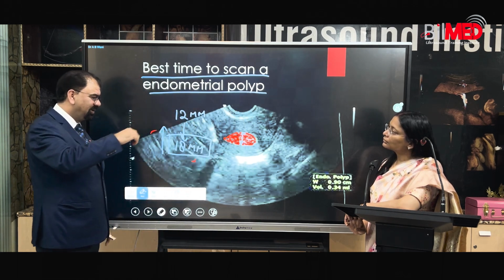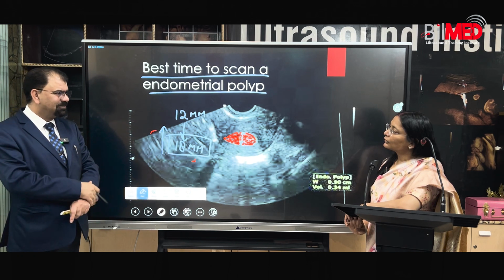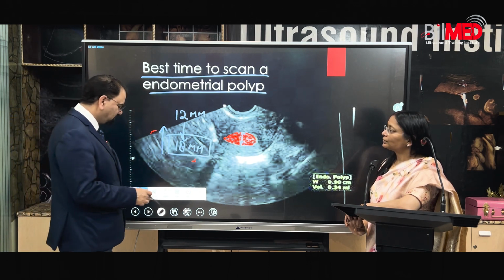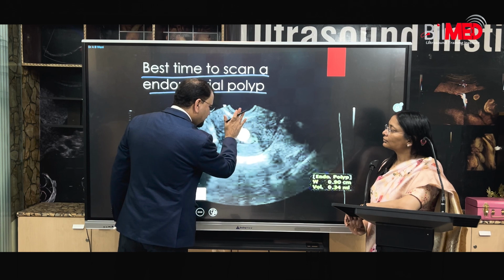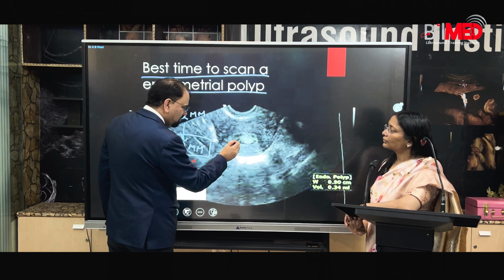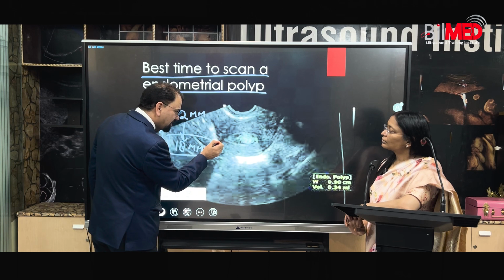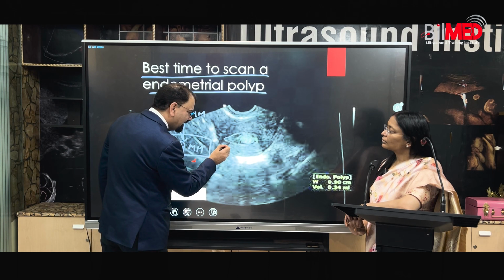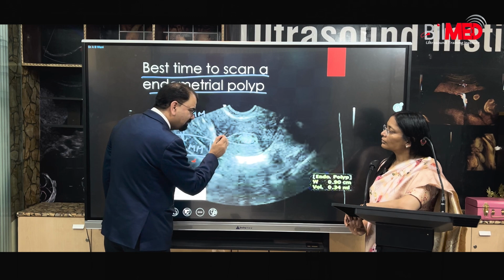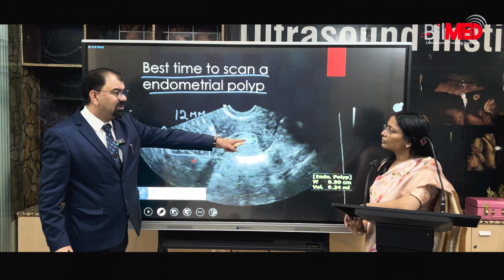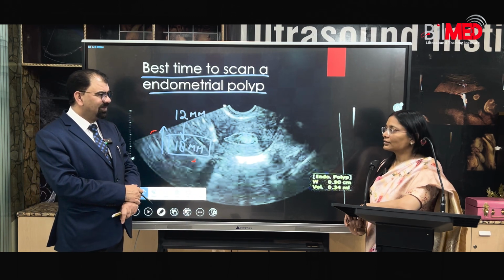Now think yourself, is the luteal phase best? No. Now this is the polyp here. Thinner the endometrium, more prominent the polyp will be, yes or no? Yes.